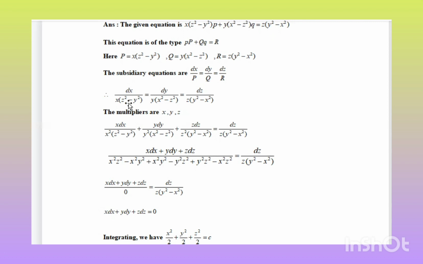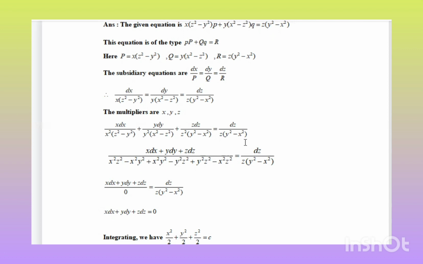Because the denominator is a combination of x, y, z. So for the first term you have to multiply by x, for the second term by y, and for the third term by z. So everything is equal here.